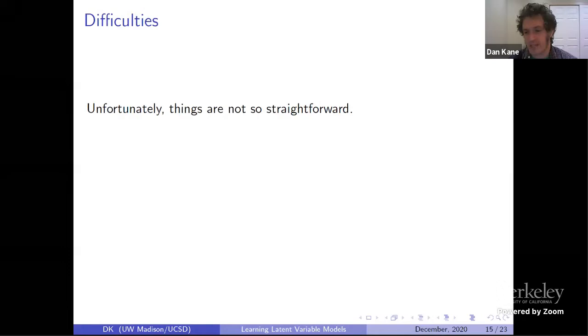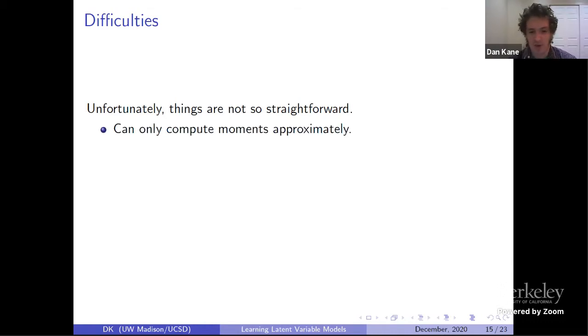But unfortunately, doing things for higher degree polynomials is not as straightforward. There are a bunch of obstacles. So the first one is that everything I did on the last slide assumed that we knew all of the moments exactly. And of course, the best we could hope to do is approximate these higher moments.